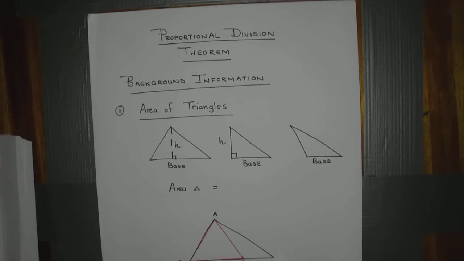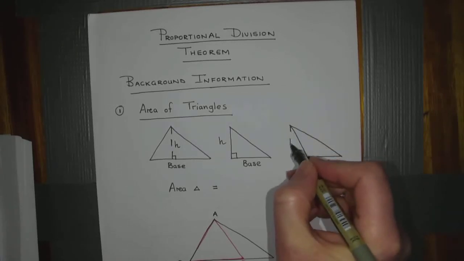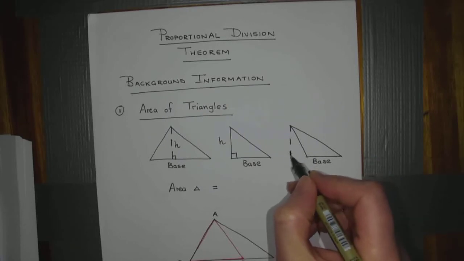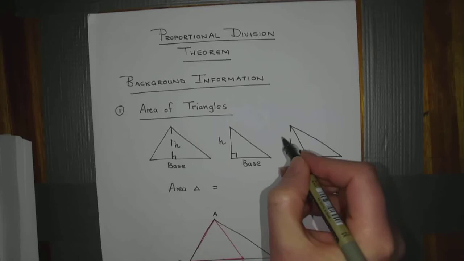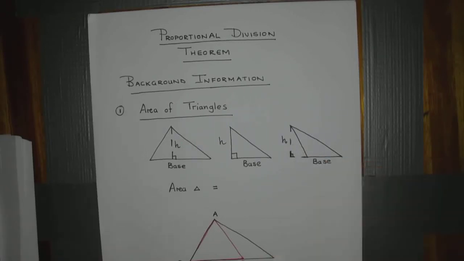So if you have an obtuse angle triangle like that one, it is quite possible that I will have to put the height outside the triangle, which means I need to extend there to get that 90-degree angle so that this is the height. So please remember, it is completely possible to have a height that lies exterior to the triangle in order to get that 90-degree angle in there. That's something a lot of people forget because we don't do it a lot.